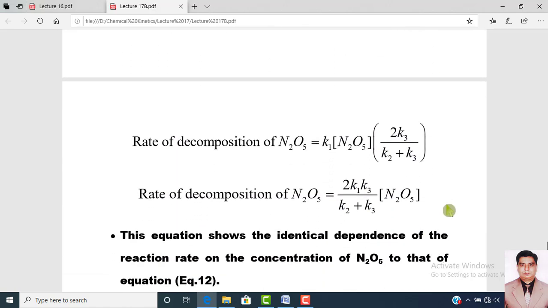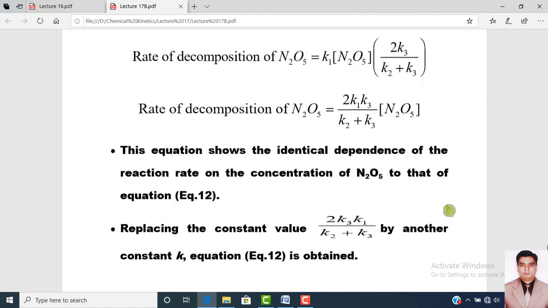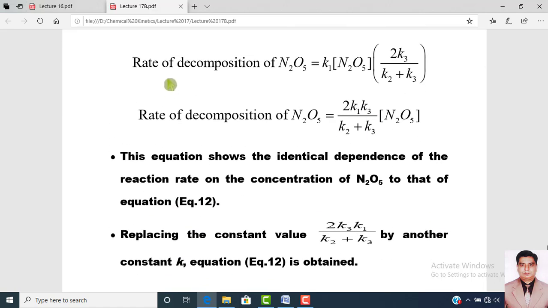So, if we write this equation, the rate of decomposition of N2O5 is equal to K1 into N2O5 into 2K3 over K2 plus K3, then you can say that the rate of decomposition of dinitrogen pentoxide is equal to 2K1 K3 over K2 plus K3 into N2O5.